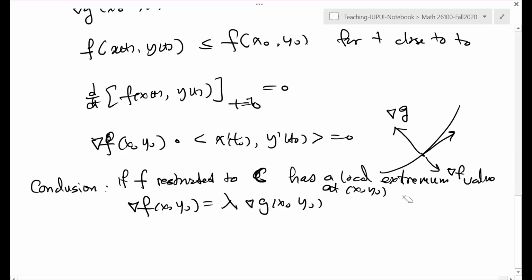So these two vectors are proportional to each other. This is the idea.